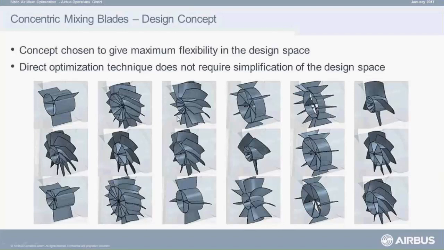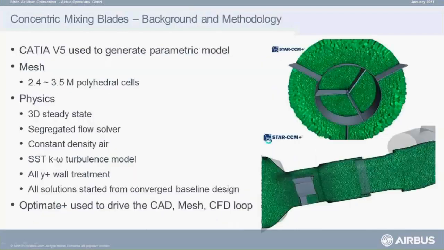And the approach that Optimate Plus uses is now that Optimate Plus itself is asking CATIA to change the geometry and come up with all these different geometries, and hand over this new geometry to CCM Plus, which runs the simulations. CCM Plus is then using this input to generate this polyhedral mesh here.